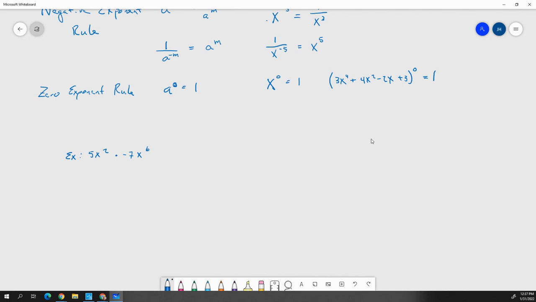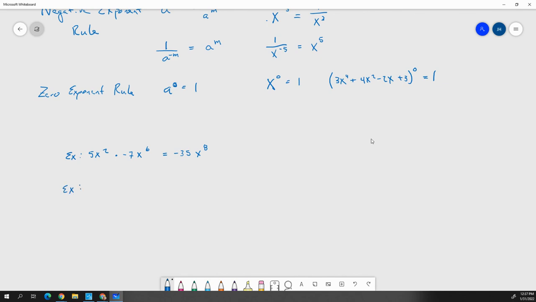They are like exponents, right? So we can start by multiplying the numbers. We have 5 times negative 7, well, that's negative 35. And here I have x squared times x to the 6th, which is x to the 2 plus 6, which is x to the 8th power, right?